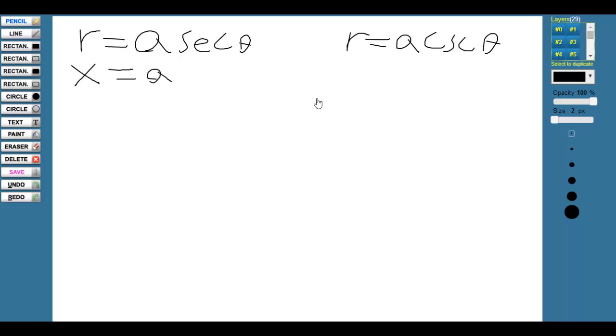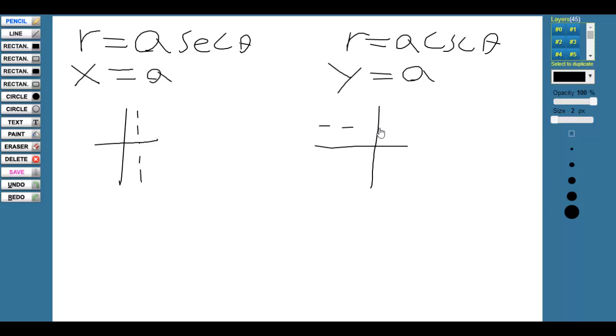That would just be a straight line, a vertical line. Now, the same goes for this one, but you would find y. Remember, y equals r sine theta. Cosecant theta is the same as 1 over sine theta, so they would cancel out, and you would have y equals a, which would give you a horizontal line. These lines are at a.